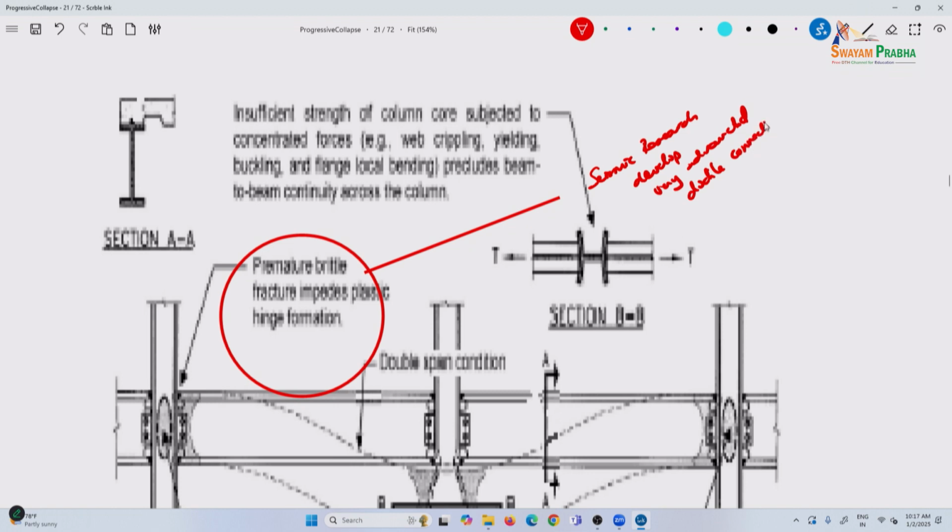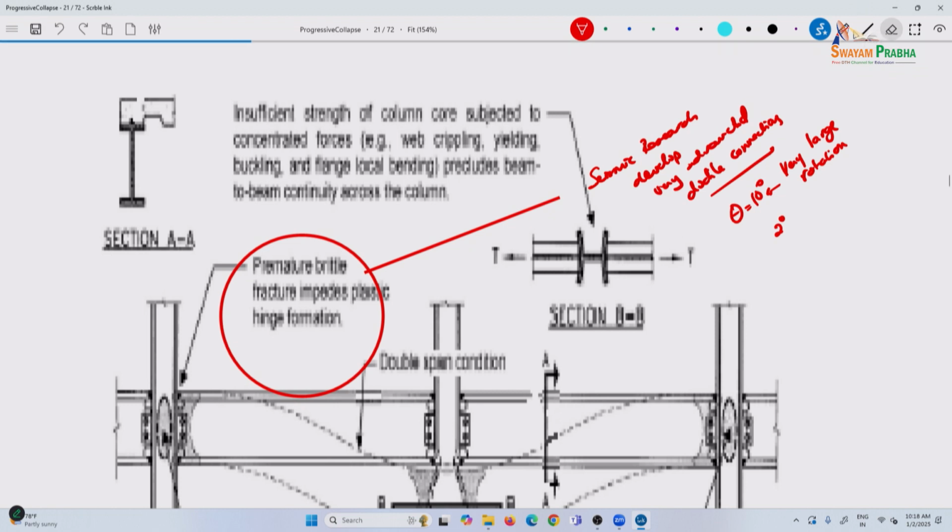For example, if you say theta equal to 10 degrees, this is a very large rotation. Even theta equal to 2 degrees can be a significant deflection response, especially on a span of 30 feet, 40 feet, where 2 degrees can also result in a significant number of inches of deflection.